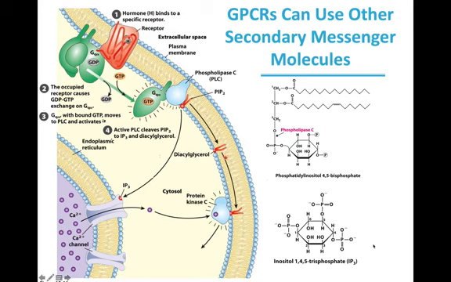And the cleavage products are diacylglycerol and inositol 1,4,5-triphosphate. IP3 binds to a specific receptor gated calcium channel, releasing sequestered calcium.